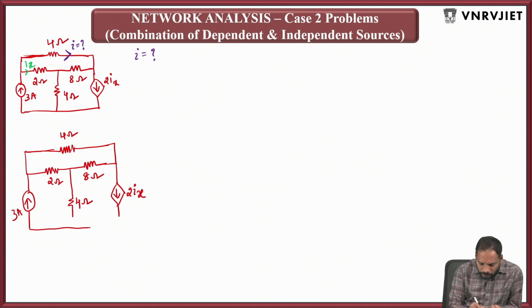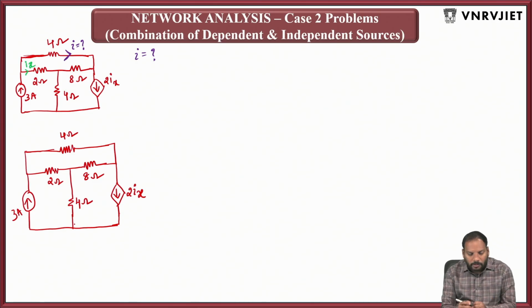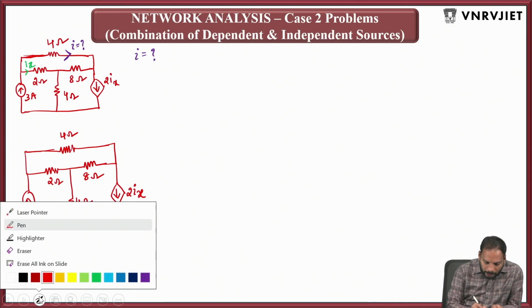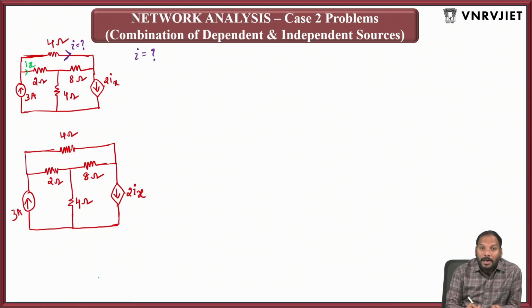I have drawn the circuit once again by erasing the unknowns. Unfortunately, I have erased two things, the value of I and the value of Ix. You should erase only I, because I is being asked. You should not touch the value of Ix.